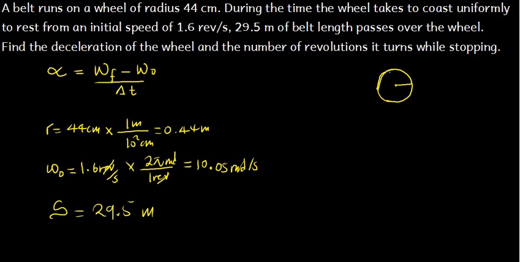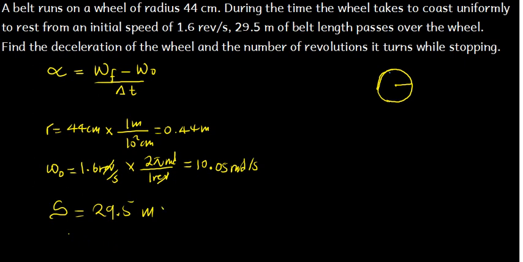We can convert this in terms of the angle theta, because anything linear is simply radius times the angular term. So to find this theta, we're just going to divide the distance here by the radius. That is how we get to go about it.